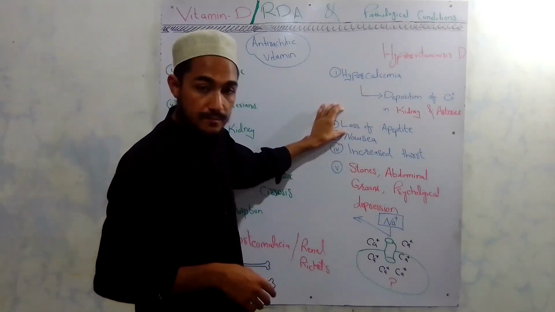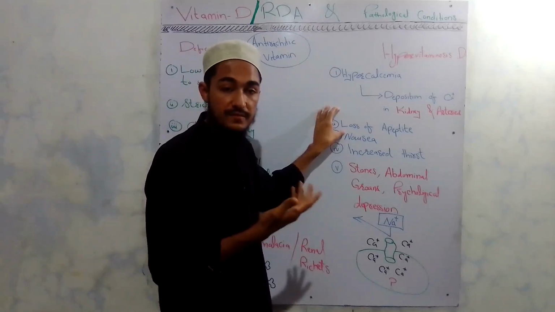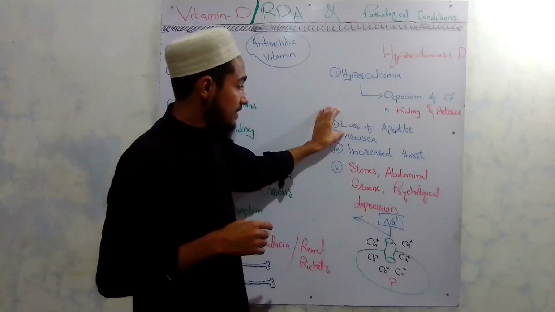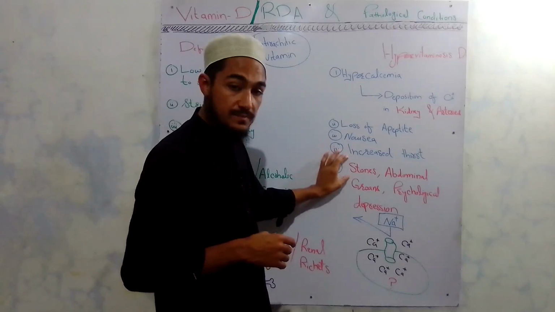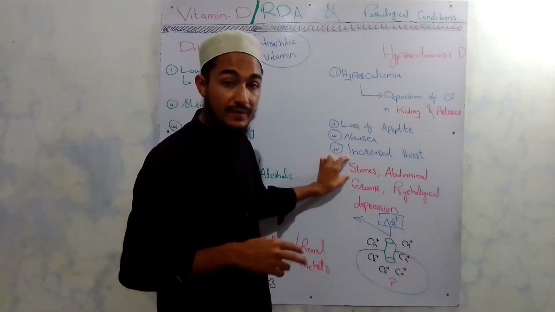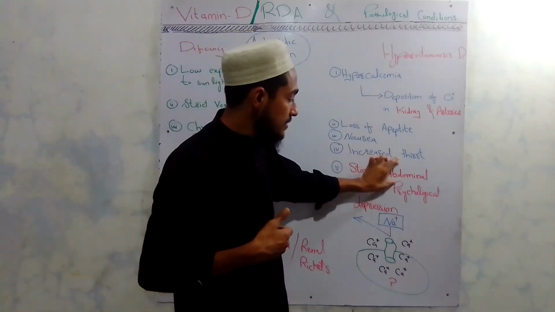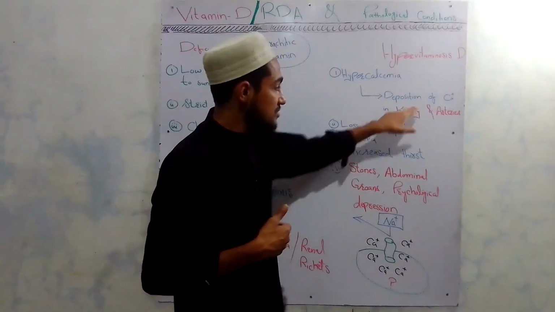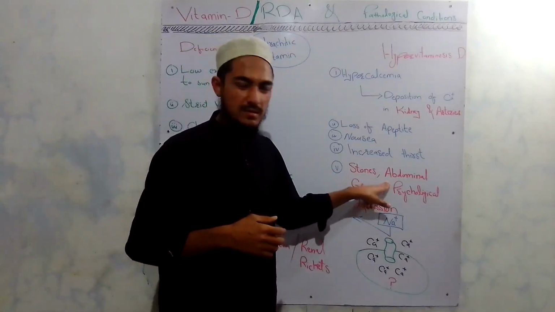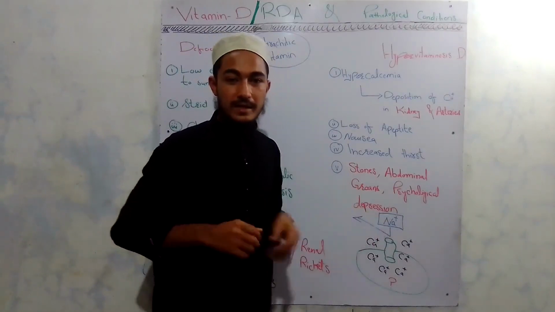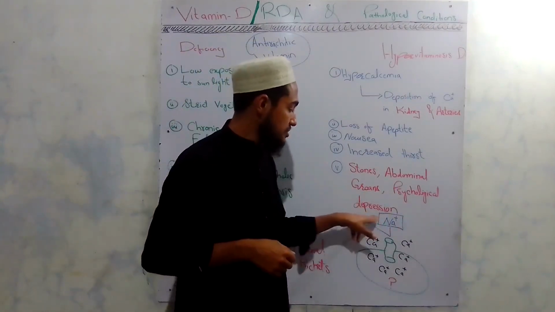People suffering from these conditions have loss of appetite, nausea, and increased thirst, and usually develop stones in their kidneys and gallbladder. These people also suffer from abdominal groans, as calcium helps in contraction of muscles. So they have abnormal abdominal contraction, and also suffer from psychological depression.